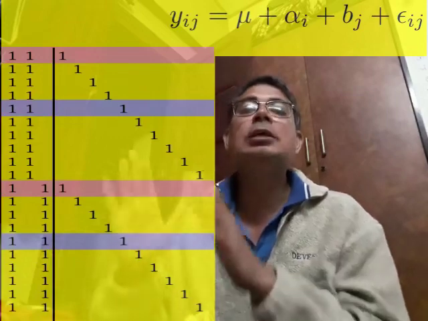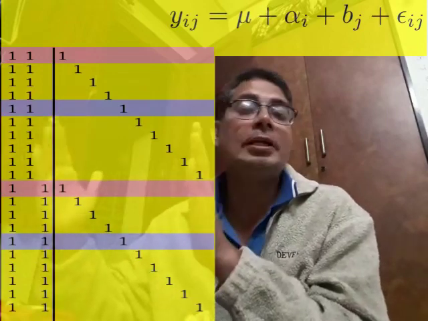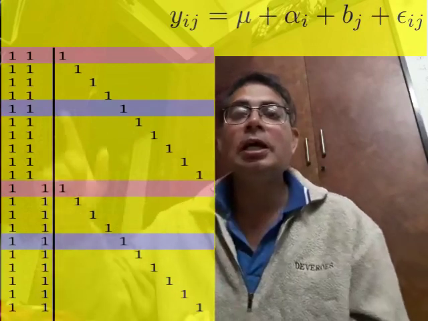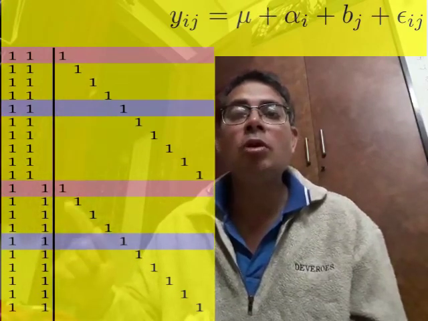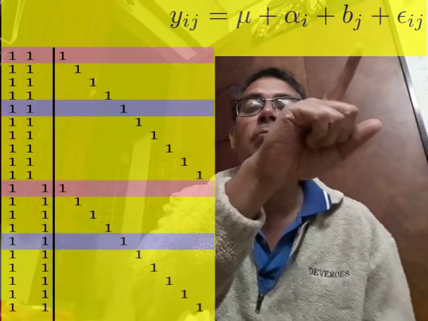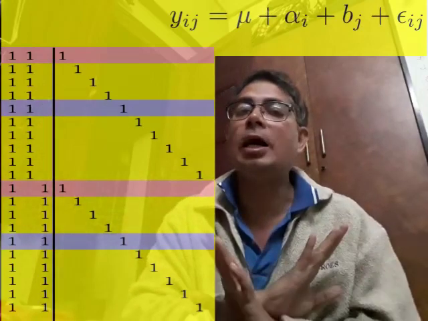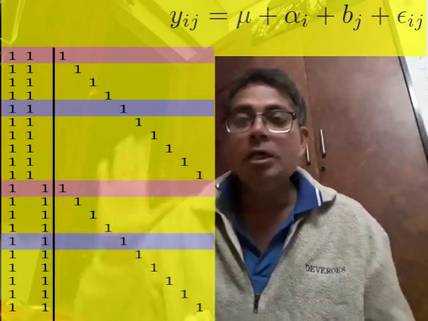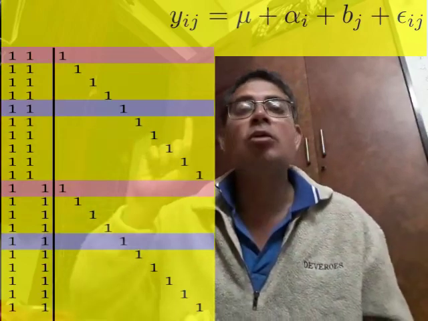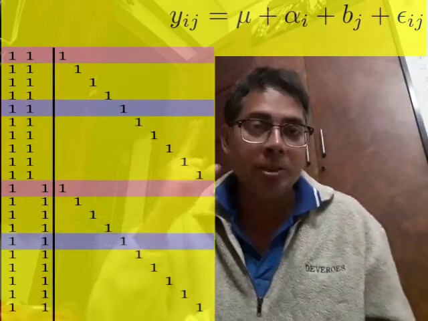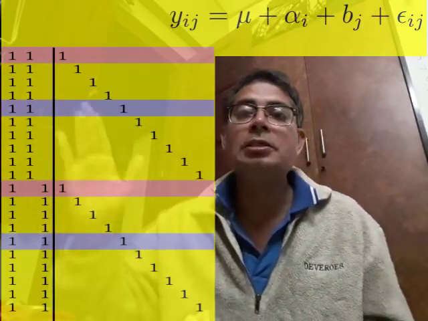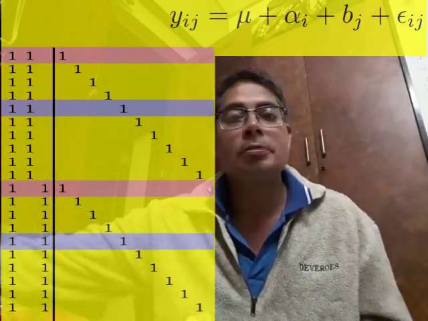Now if you look at the random effects part, you will see that in the red part only B1 plays any role. So for the red part, B2 to B10, they are just absent. So if I focus my attention on only one random effect, namely B1, then the matrix is simply 1, 1.